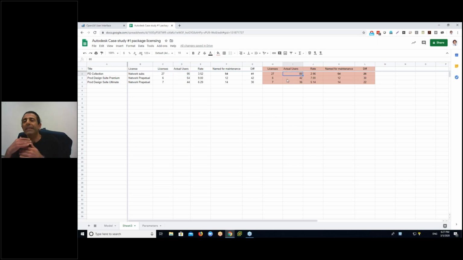We will need to serve 80 users, and here we need to serve 42 instead of 54, and here we have 36 instead of 44. The rate is lower, but still much higher than 2 per license. So here we have 3 per license, here we have 7, and here we have more than 5.